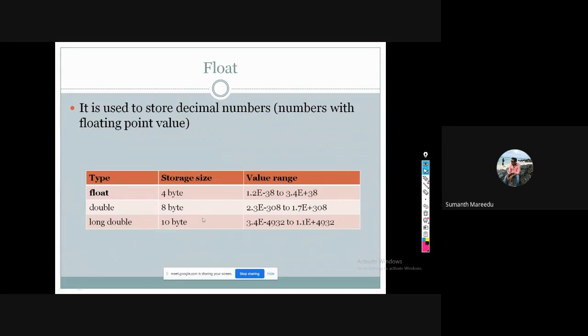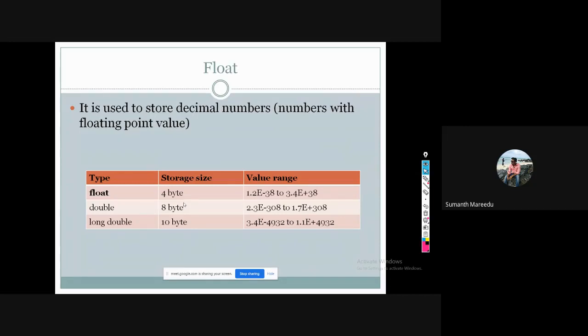because the number of bytes differs according to the type of operating system you are using. There are 32-bit operating systems and 64-bit operating systems. These are the default sizes I gave for a 32-bit operating system.